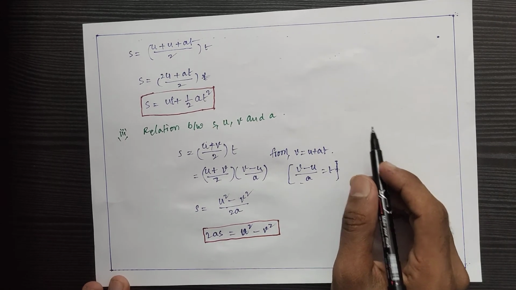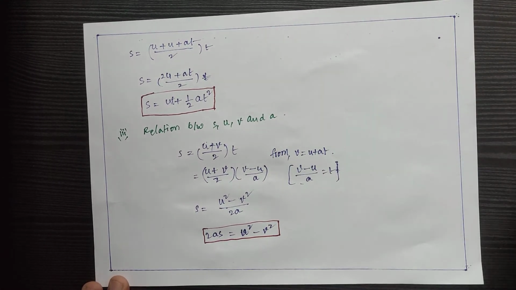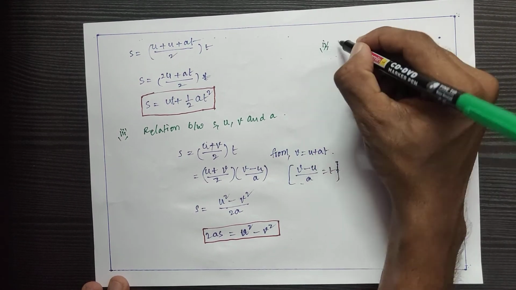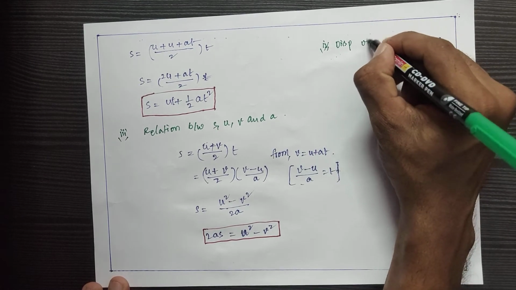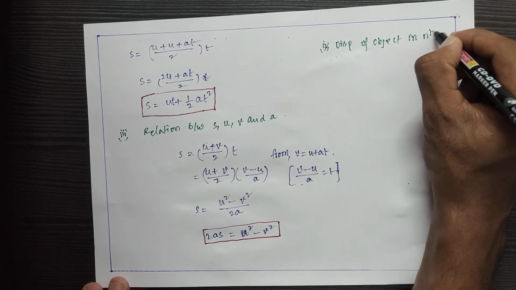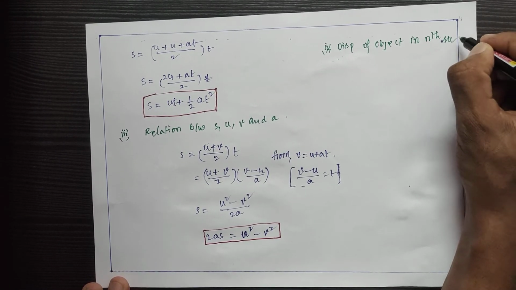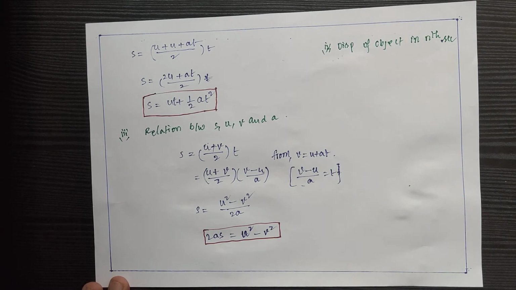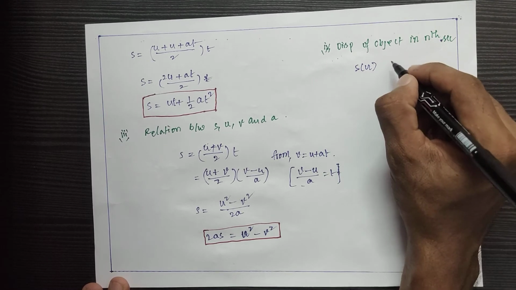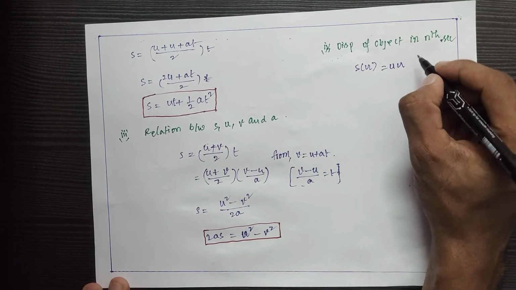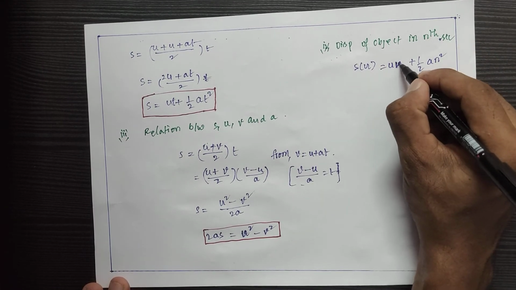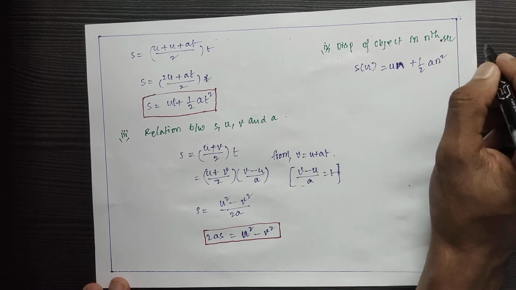And the next one is the displacement of an object in the nth second. We know that s of n is un plus half an square, that is at a time t equal to n.